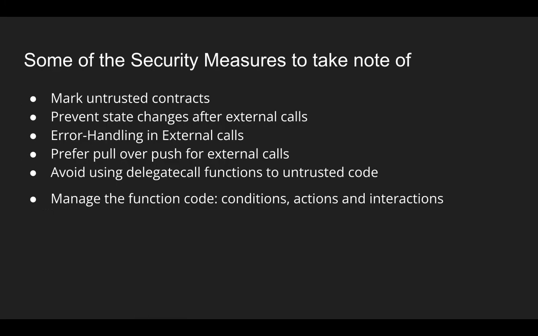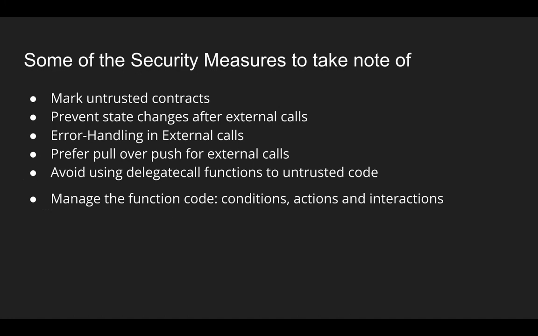So now let's talk about some general security measures to take note of when you are creating your smart contract. Make sure you mark untrusted contracts and also prevent state changes after external calls.